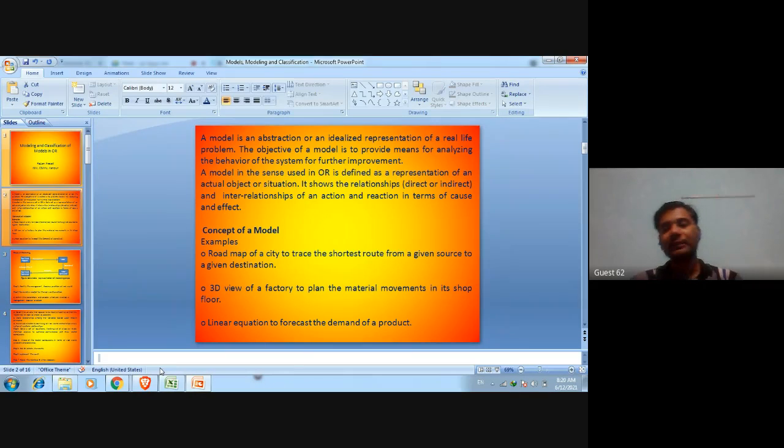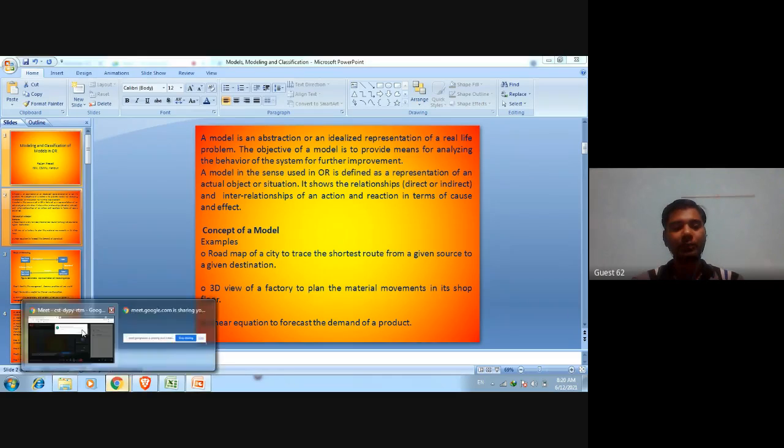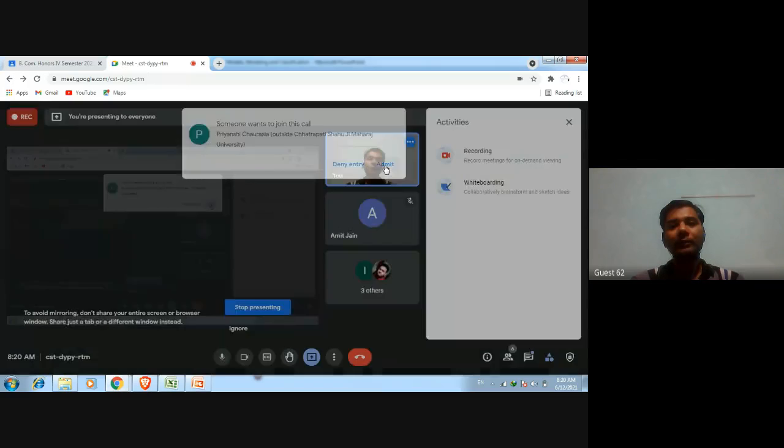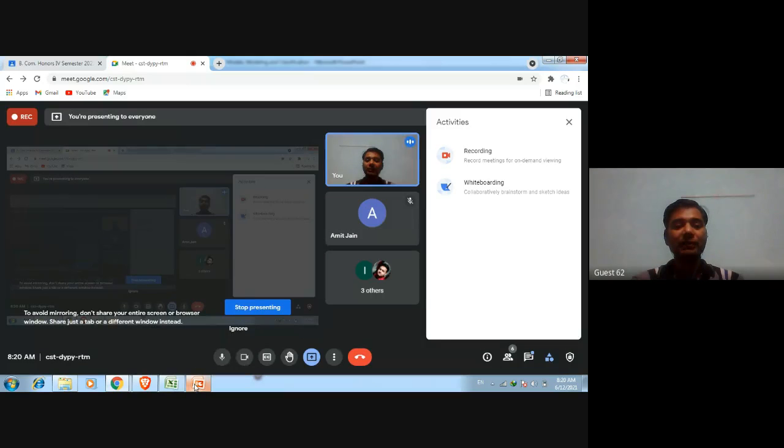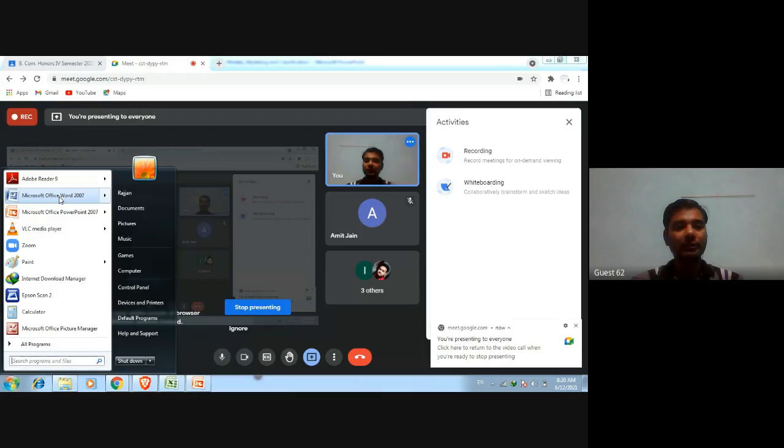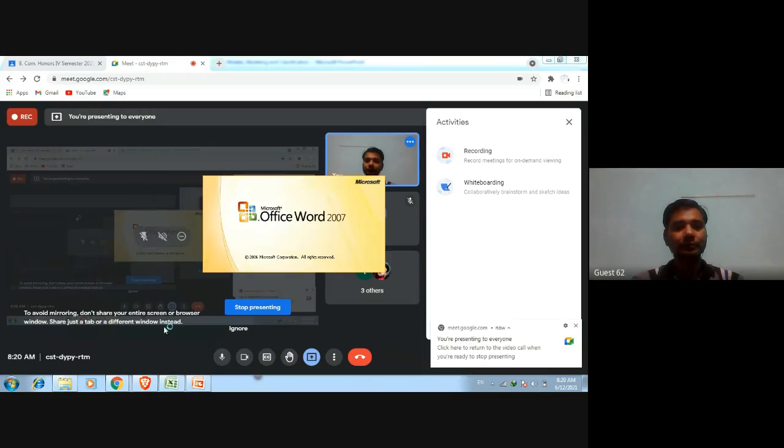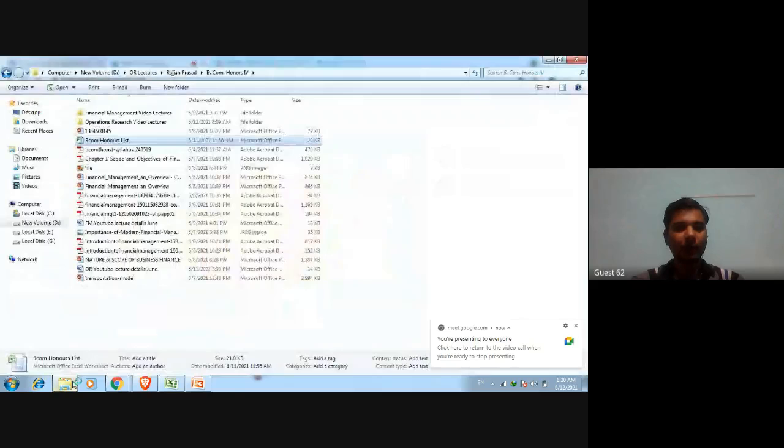For example, when we were trying to identify any problem, such as related to your manufacturing, we took some decision variables. Let us see how we can formulate the model and what the model is.